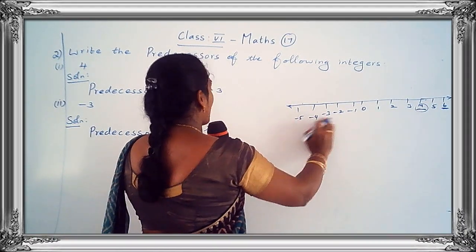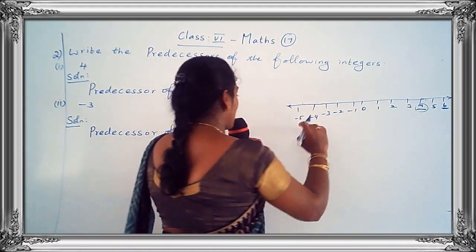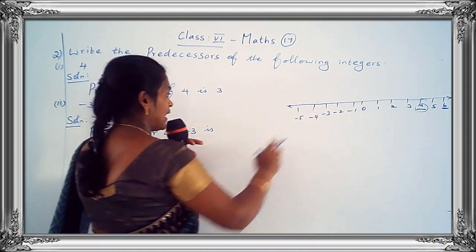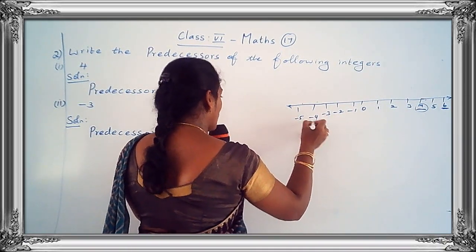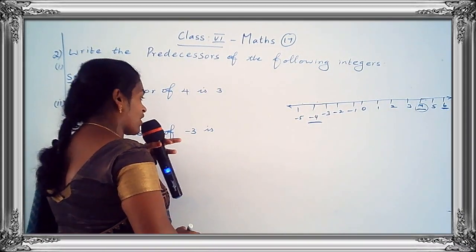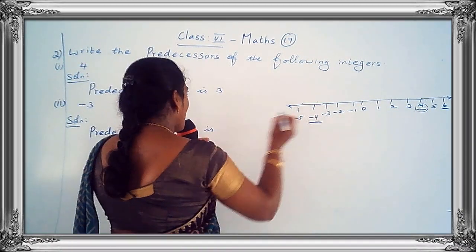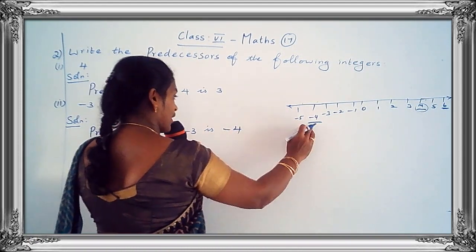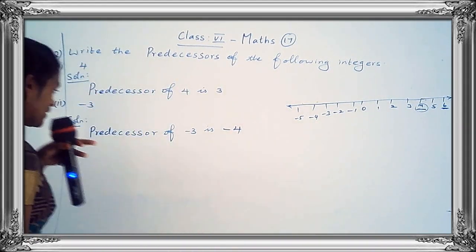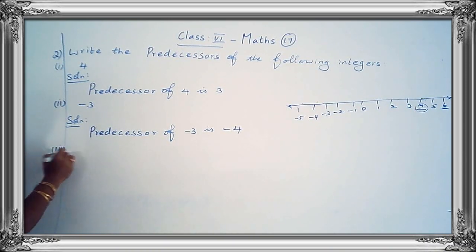Yes children? So now you say which number is left side of -3? Left side, this side, yes? So -4 is there. Here -4 lies on the left side of -3. So that's why predecessor of -3 is -4. Okay? Clear? Yes.